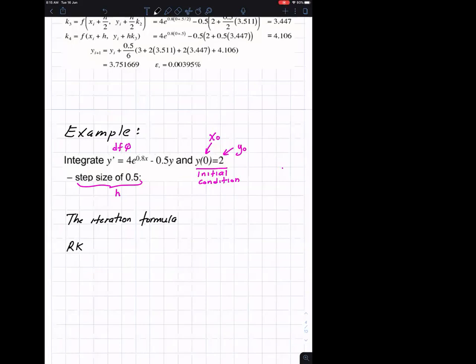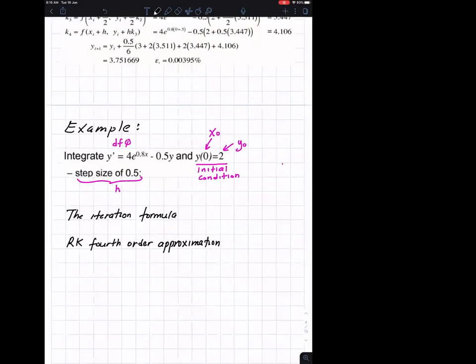I just put RK for Runge-Kutta fourth order approximation.